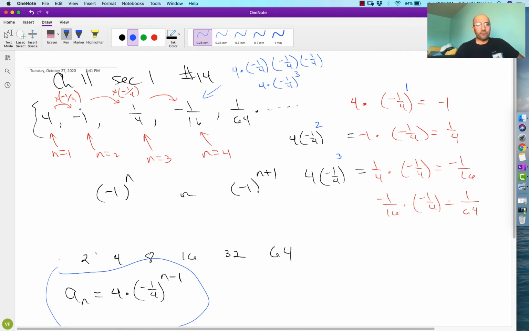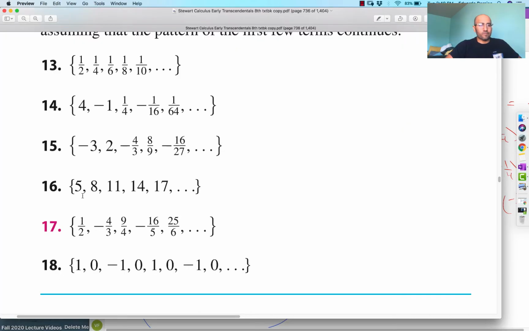Always look for patterns where you're multiplying by some constant number, or you're always adding some constant number, or you want to separate it into a pattern for the numerator and a pattern for the denominator, and approach it that way. See number 16, for example, this one's an easy pattern where I'm always adding the same amount, plus 3, plus 3, plus 3, plus 3.